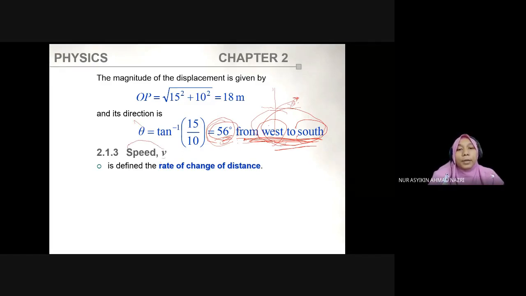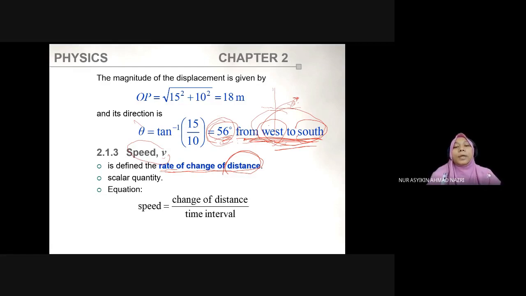Okay, but again speed, tengok ni, we define it as rate of change of distance, which is scalar quantity. Sebab distance scalar, time memang scalar lah. So kita classify dia sebagai scalar quantity.